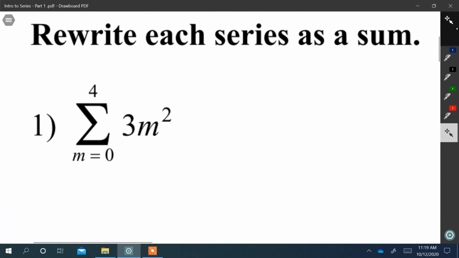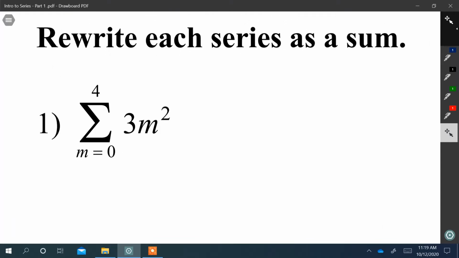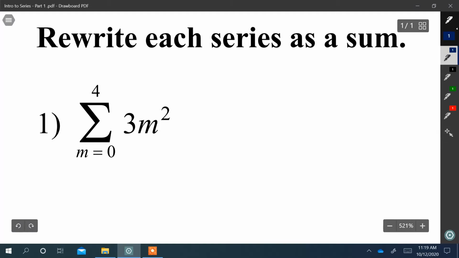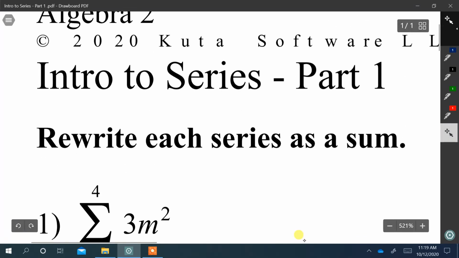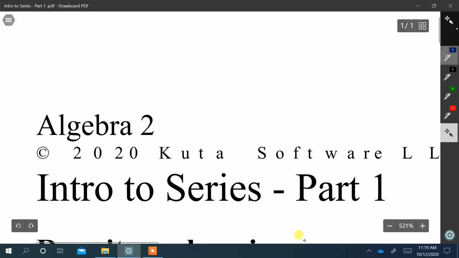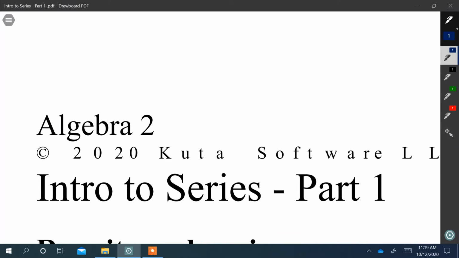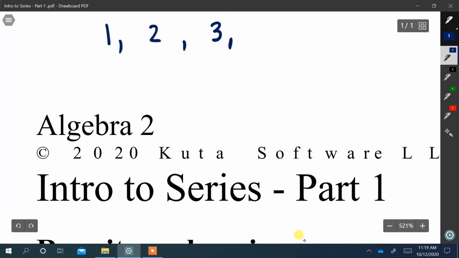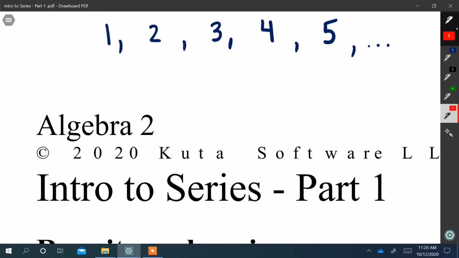It says rewrite each series as a sum. Okay, so first of all, we have to understand what a series is. Well, a series, and let me go back to here. Let me do a side note over here. A series, before we had sequences. Let's just say we had a sequence there. That's a sequence, and so on and so forth. A series is very similar to that. It's just that there's going to be a slight change.